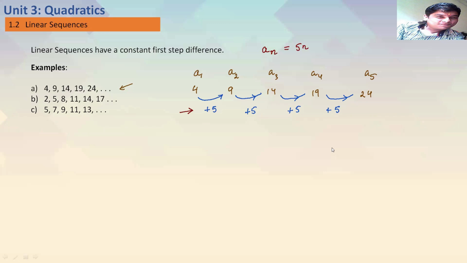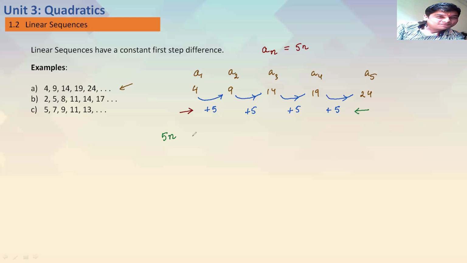I will tell you another way of getting it. Look, you've got 5n. Where do you get that 5n from? We got the first step difference as 5. If the first step difference is 5, the power on n will be 1, and the first term will be 5 times n. Are you getting the idea?